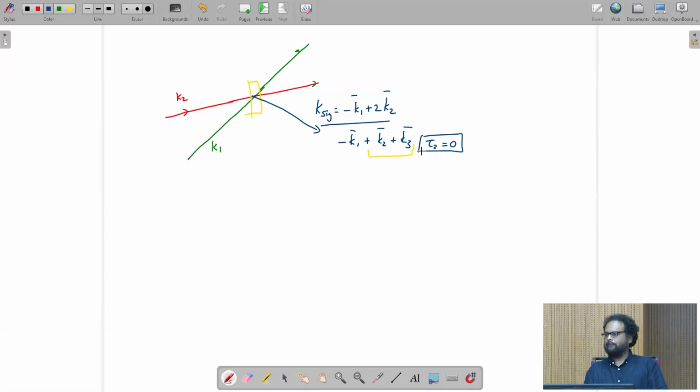Write the double-sided Feynman diagrams for this. Can you write the double-sided Feynman diagram for this?